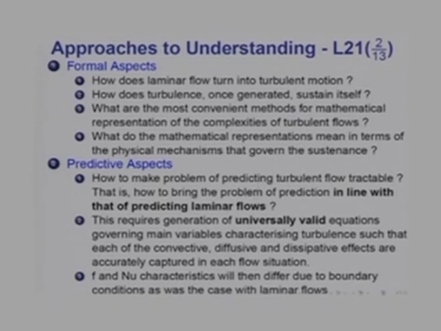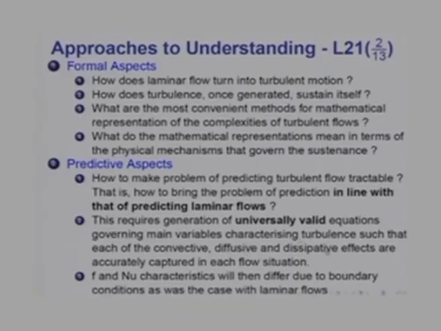In order to do that, of course, we would require to generate universally valid equations governing the main variables characterizing turbulence, such that each of the convective, diffusive and dissipative effects present in the turbulent flow are accurately captured in each flow situation. That means, we need equations governing turbulent motions that are as universal as they are in laminar flows. That is the first requirement.